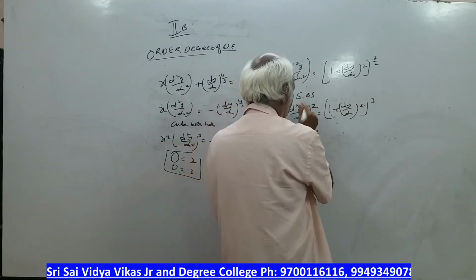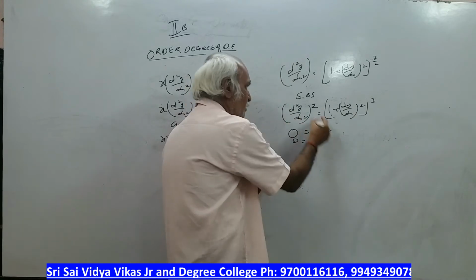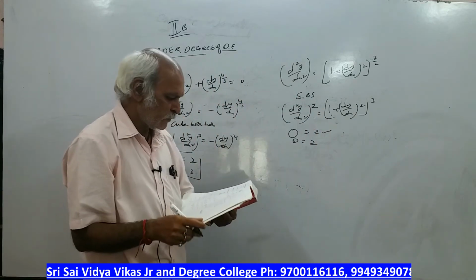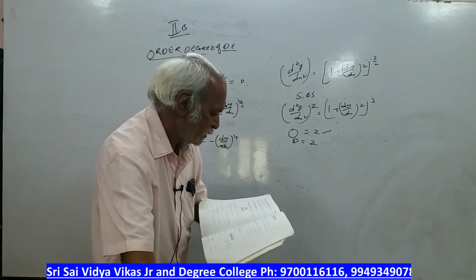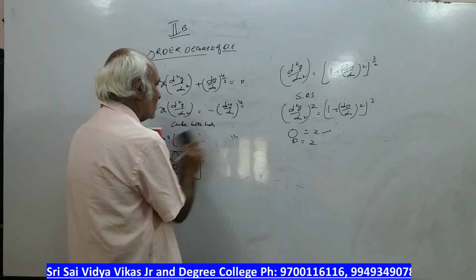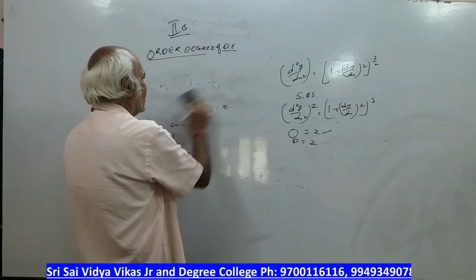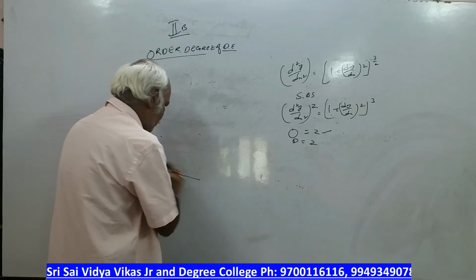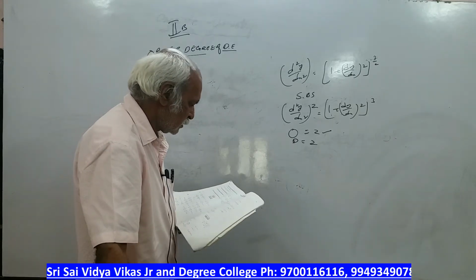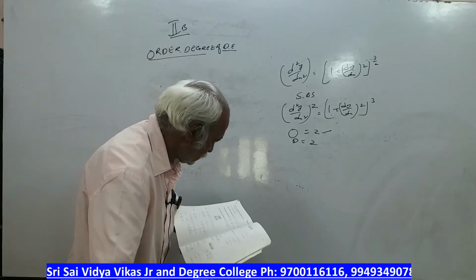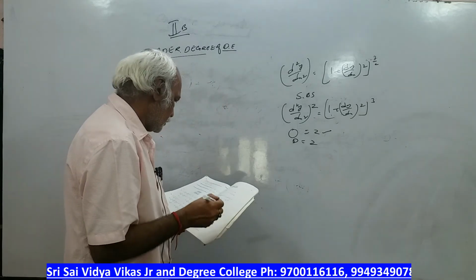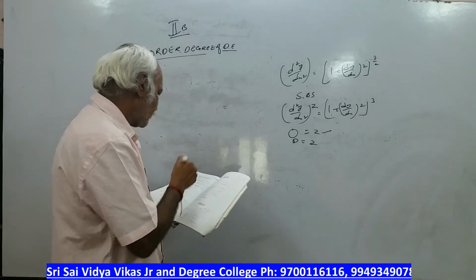Degree is also 2, because here d square by dx square is order 2. What is the power of that? 3. Okay, next. Here order and degree are very, very simple concepts, remember them. Next.